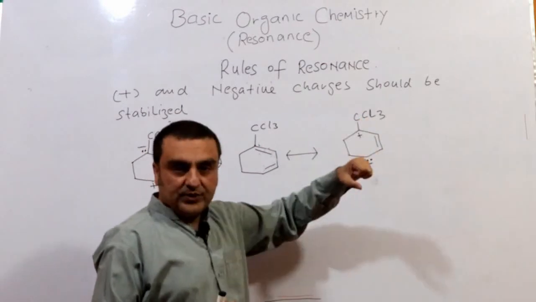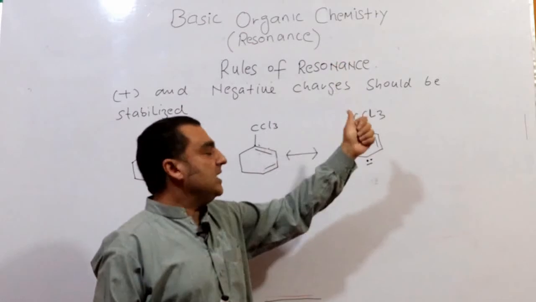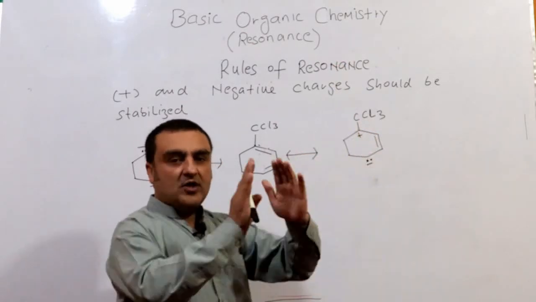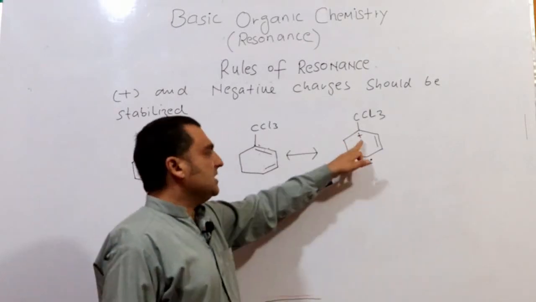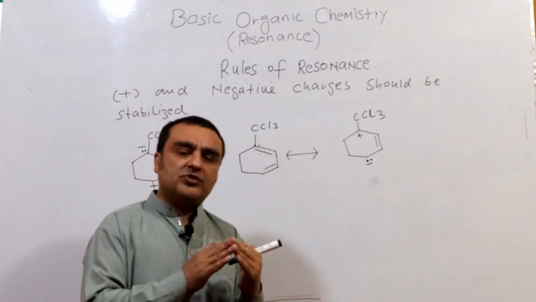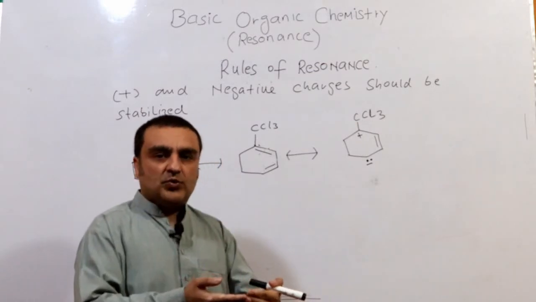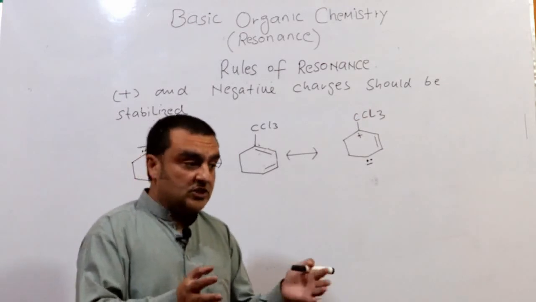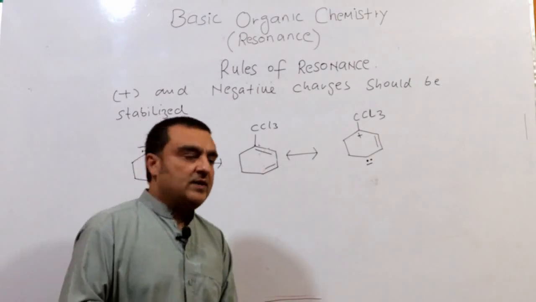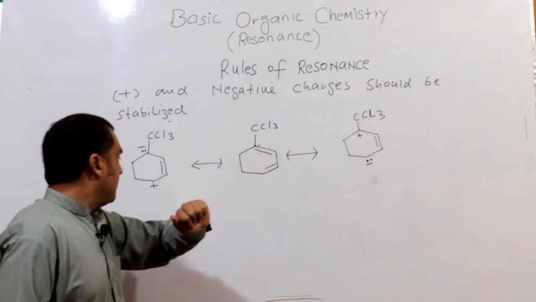Now this CCl3 group, this chlorine will pull the charge from the carbon and it will destabilize this positive charge or make it big, or make this carbon even more thirsty for electrons. So when the carbon is more thirsty or more positive, it will need electrons, so it will react very fast because it needs electrons and it will acquire them from anywhere. Okay, it will be searching for electrons. So this structure is bad.